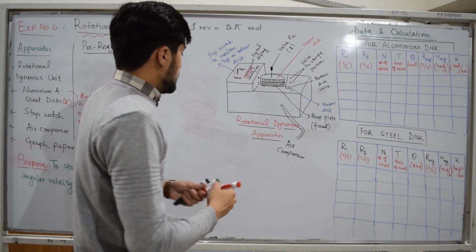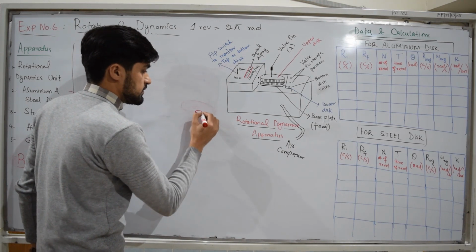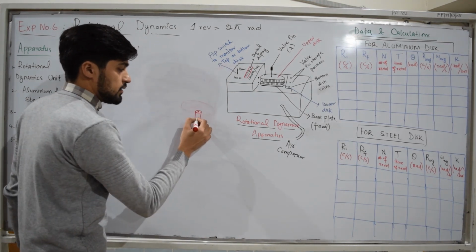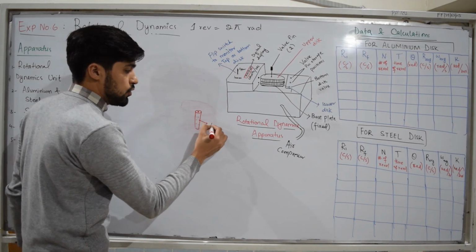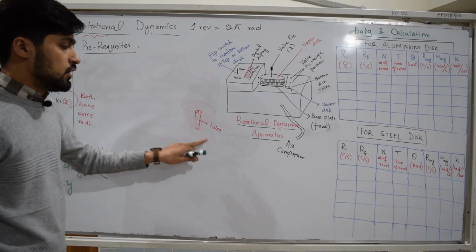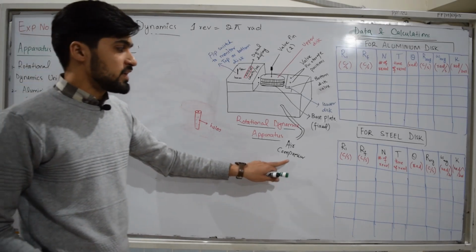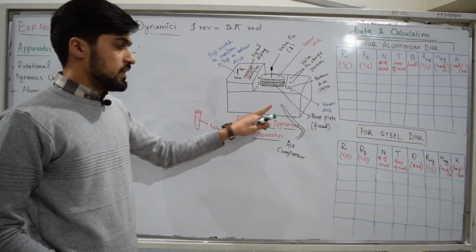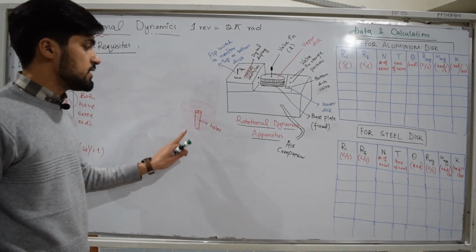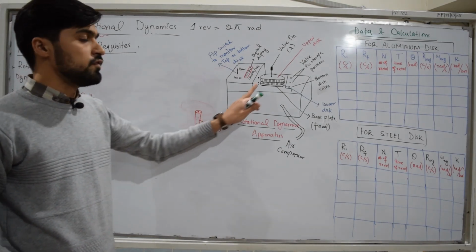Now the spindle contains a hole, and around the spindle we have some holes. These holes are for when the air from the air compressor goes into this tube, the air goes into this spindle and comes out of these holes, and this air is responsible for moving these disks.